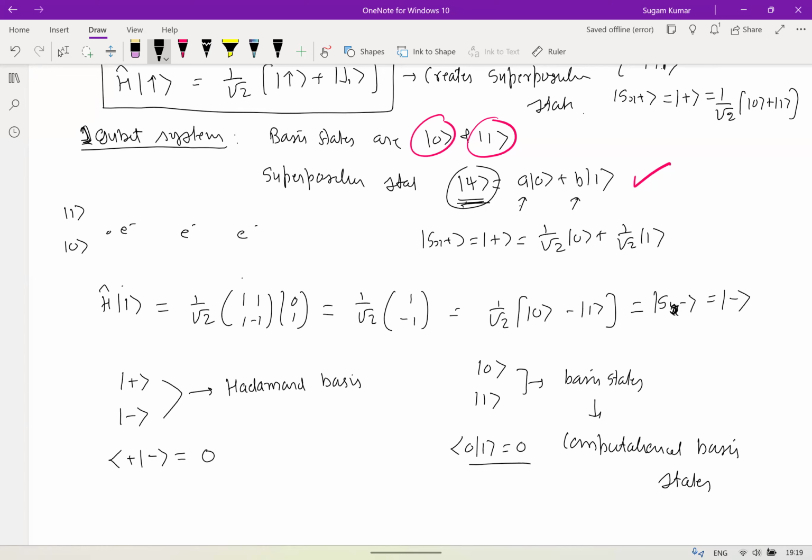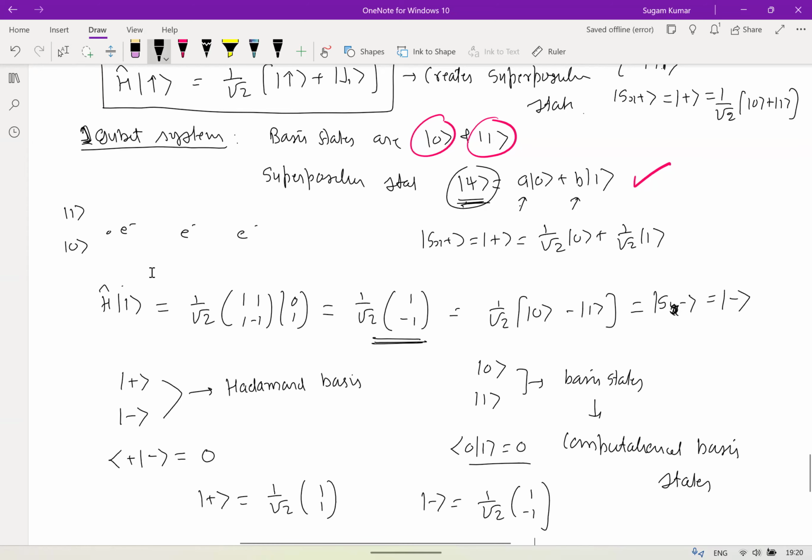What is the matrix form of this Hadamard basis, plus and minus? Here, this is 1 over root 2, and this is your plus: 1 by root 2 times 1, 1, and this is going to be 1 by root 2 times 1, minus 1.